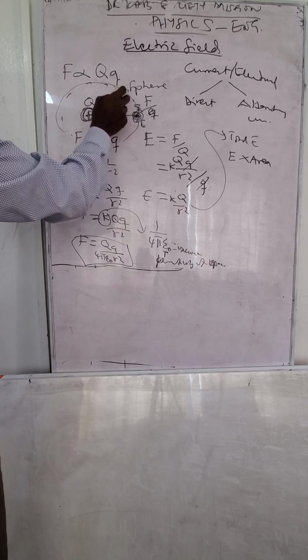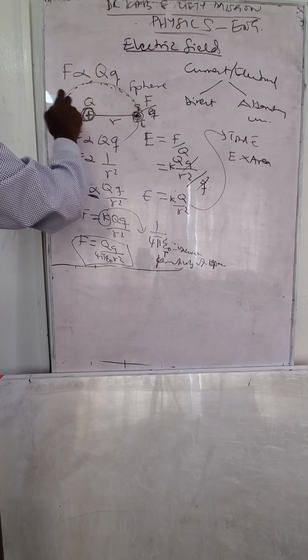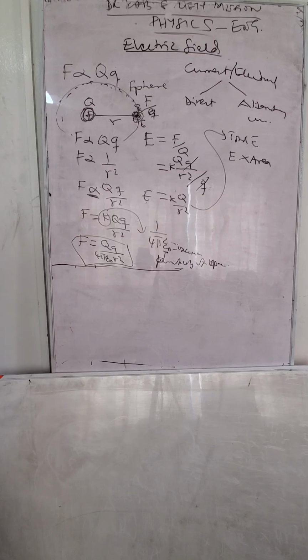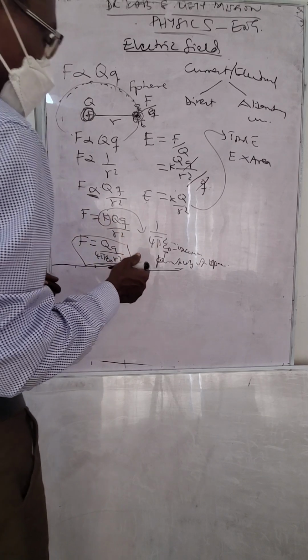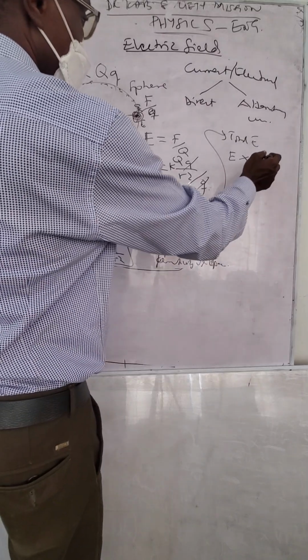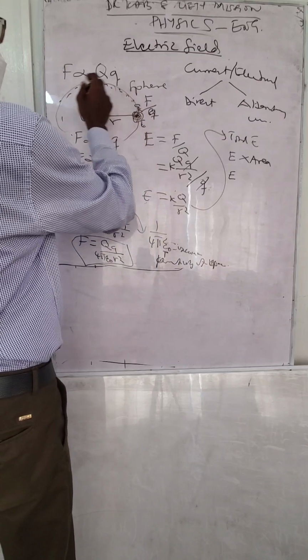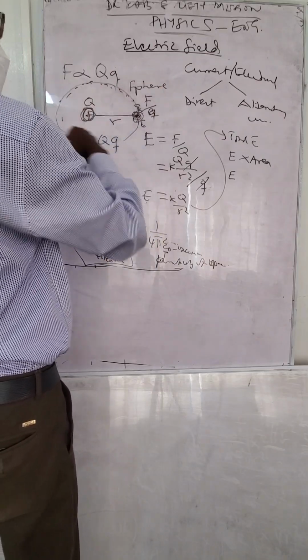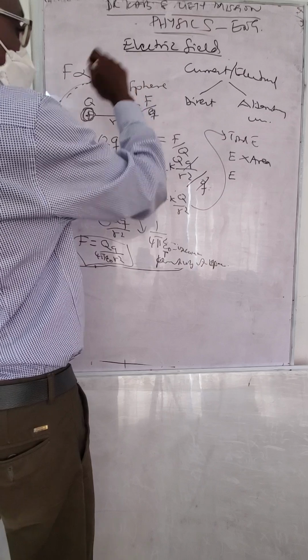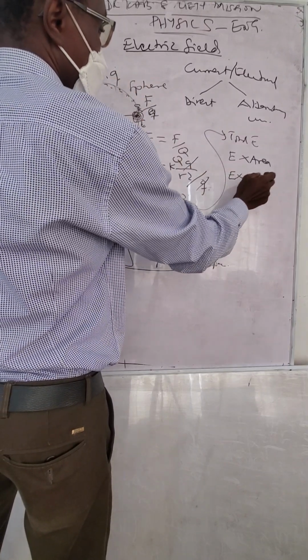Because if this is a sphere, you have various points, all having F over Q. Some also denote it so we're going to have E, the total. That's the total intensity. Total intensity will be E times A.